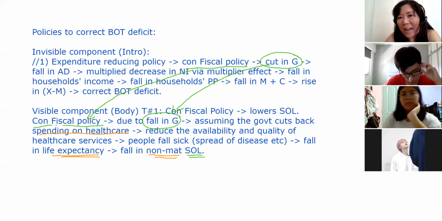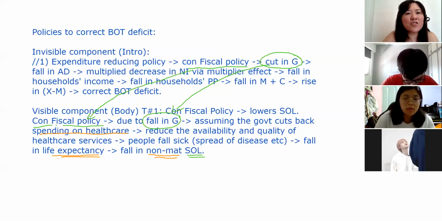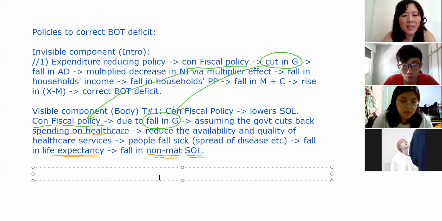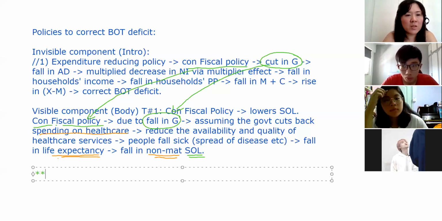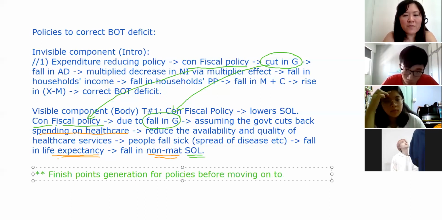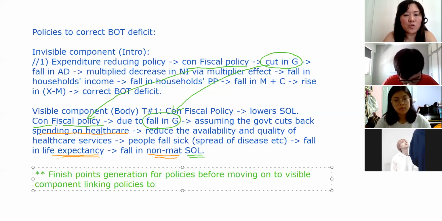So this is just one example, take note. What we need to do is make sure that, in terms of structure, as I showed you earlier, we finish points generation for the policies before moving on to the visible component, linking policies to SOL, be it material or non-material.